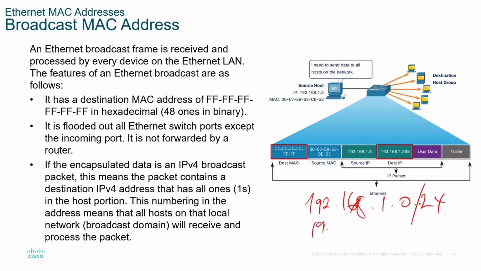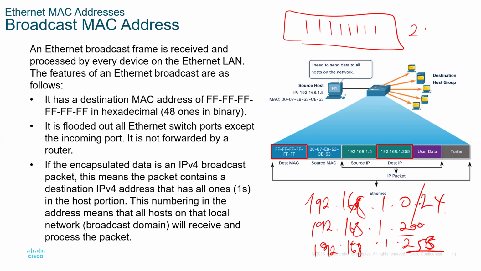So with the unicast, I can have 192.168.1.200. That was the unicast address in the previous slide. No problem. But with broadcast, it's now 255. Why is it 255? It's because 255 is all ones. If I have 1, 2, 3, 4, 5, 6, 7, 8 ones, this is 255. That defines what a broadcast is.